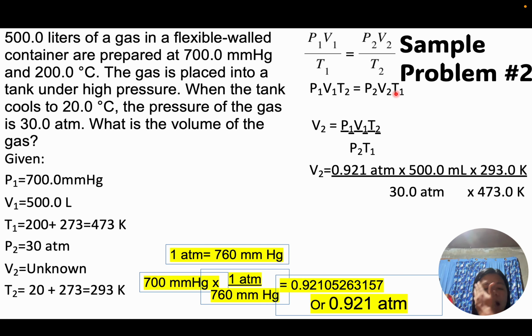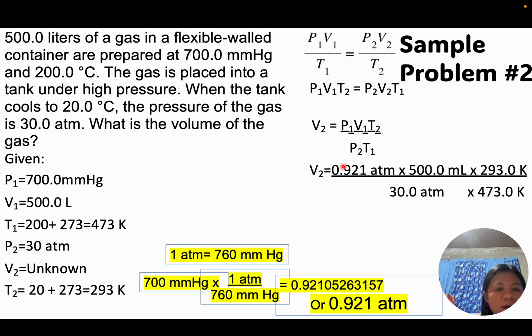As what you notice, pati yung problem nilagay ko na dyan. So, since V2 yung hinahanap natin, itong P2 at T1 ilalagay natin sa kabilang side, magiging denominator. So, distribute natin.